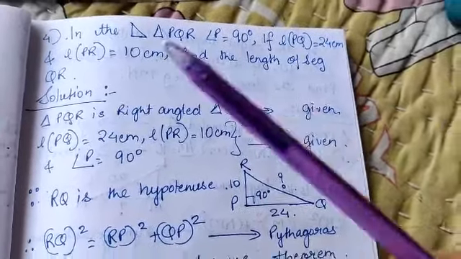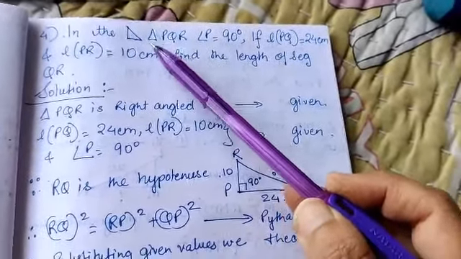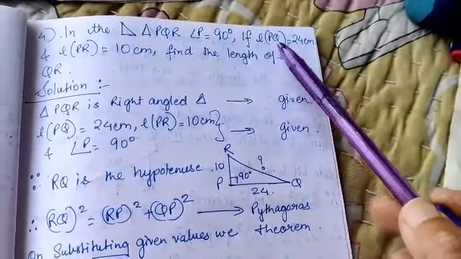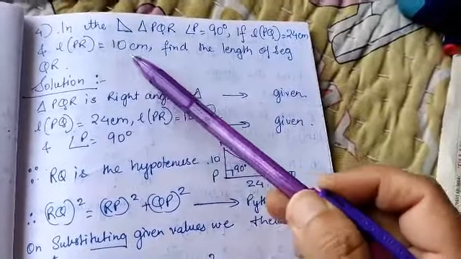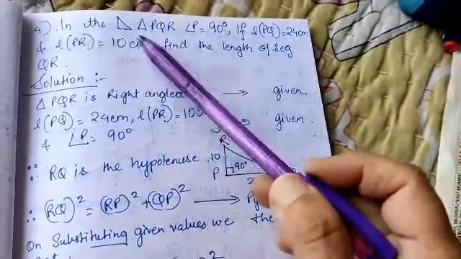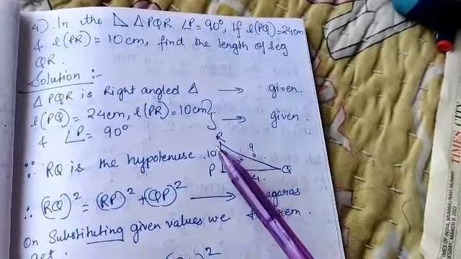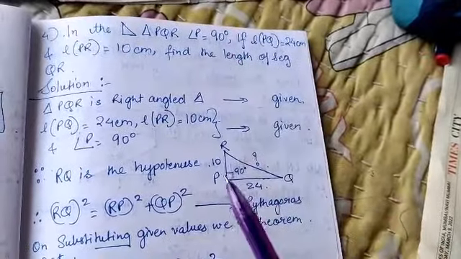Now the next sum is, in the right angled triangle PQR, angle P is 90, the length of PQ is 24 and the length of PR is 10. Find the length of the segment QR. First, here they haven't given us any diagram, so we'll just make our rough diagram. We know that angle P is 90 degrees.